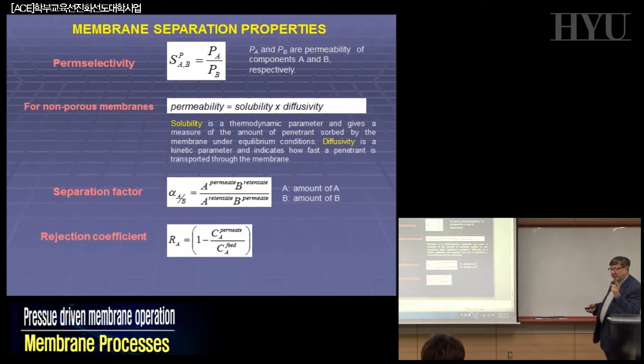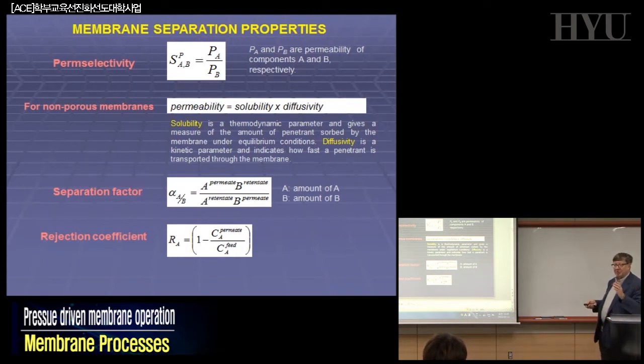So it is the difference in concentration of the species A during the process, the initial one in the feed minus the one in the permeate, normalized to the concentration of the species A in the initial one, the one when you are starting, okay? So all these terms, rejection coefficient, separation factor, and permselectivity, give you the same idea of what is going on across your membrane, but the numbers are different.